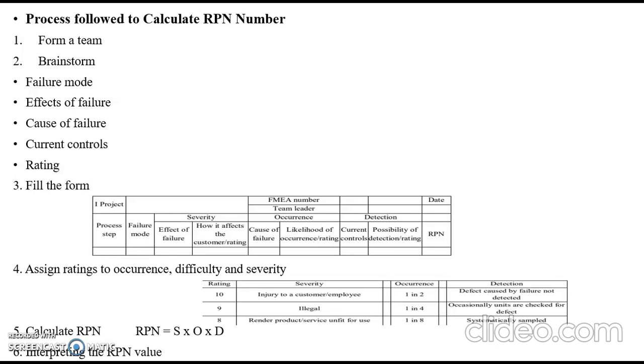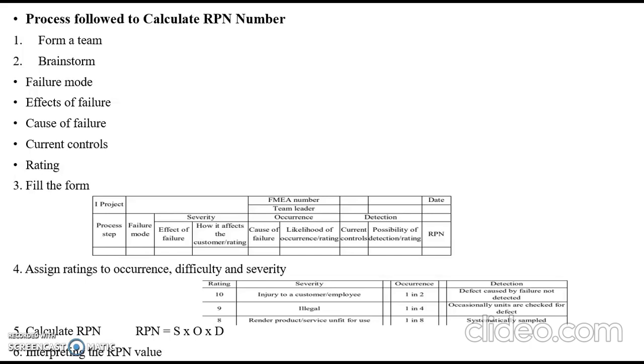Next, the cause of failure. In the cause of failure, the potential causes due to which the failure might occur. Next, the current controls. What are the controls or procedures which currently exist to prevent the causes of failure mode? How to control the failures.